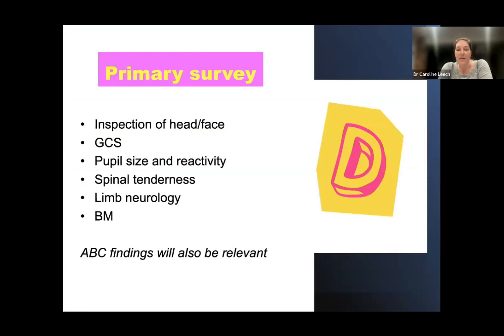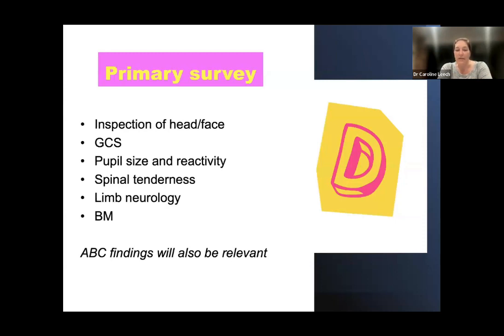But the key things that we're going to talk about tonight are the inspection of the head and face to look for head injury. And remember that if someone's hit their face, that's also the front of their brain. So I think sometimes we focus on scalp injuries. Actually, a facial injury is a sign of a traumatic brain injury as well. We're going to look at Glasgow Coma Scale. We're going to look at pupil size and reactivity.